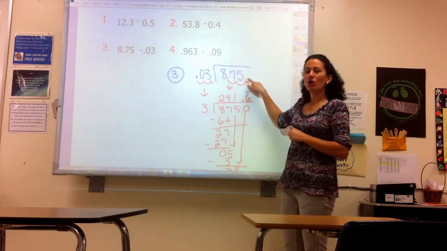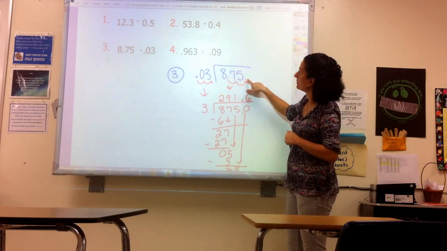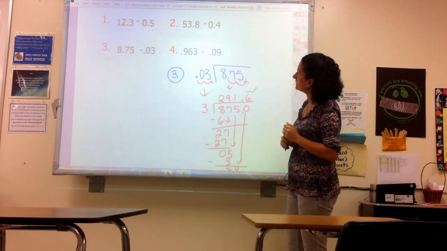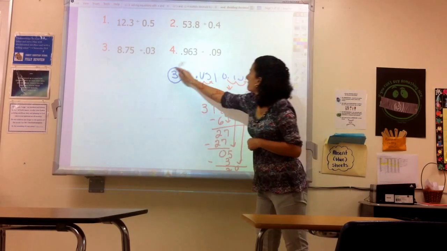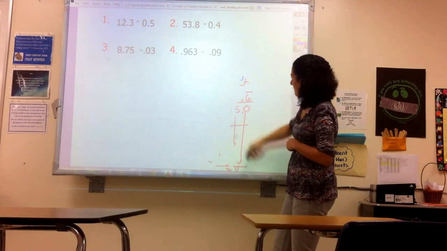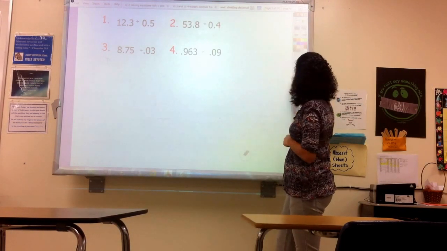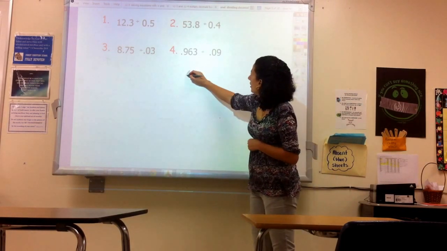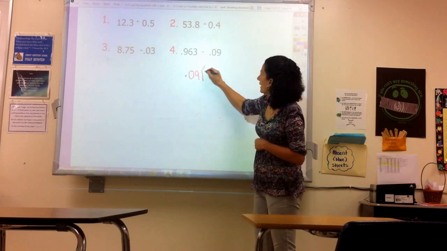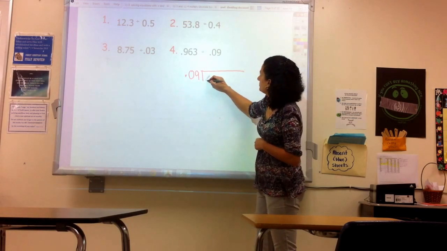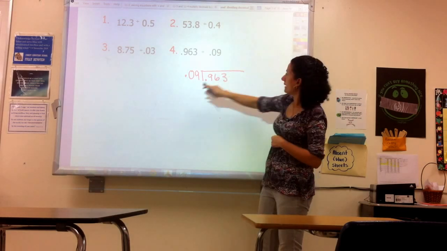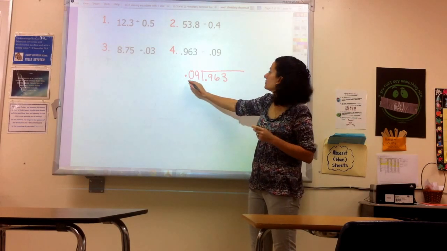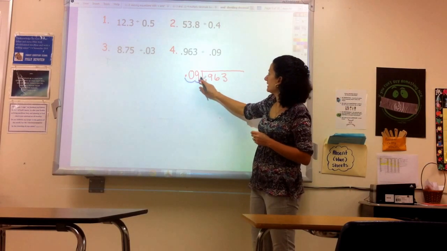The decimal doesn't always end up at the end of the number. Let's consider an example like number 4. In number 4, our divisor is 0.09, and our dividend is 0.963. When I move the decimal, again, I have to move the decimal 2 times to get to the end of the number.